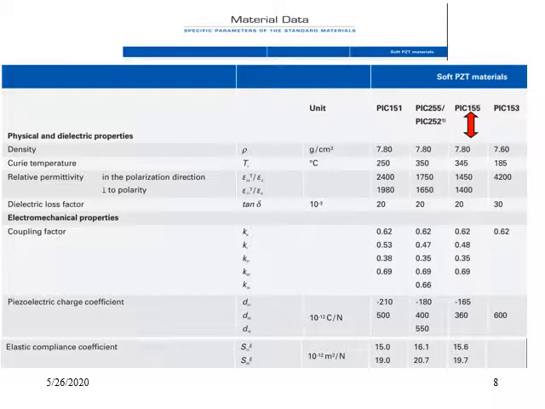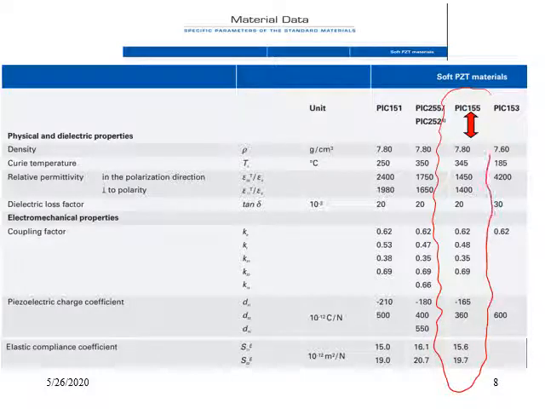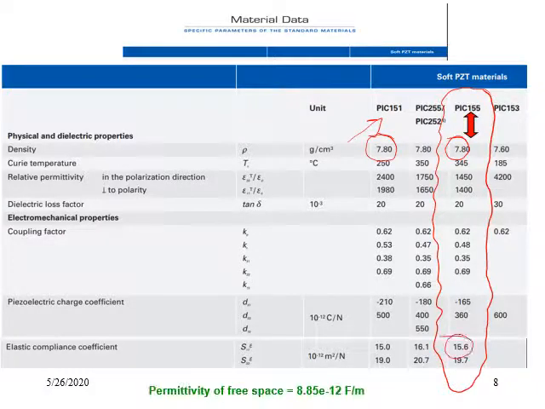This table shows the parameters of different types of piezoelectric patches. In the calculations which we have shown, we have used PIC 155, but you can also use the other type, PIC 151. What we can find is that there are minute differences. For example, in the calculation of the resonance frequency of the piezoelectric patch, the resonance frequency depends on the density, which is the same for both, and on the Young's modulus of elasticity, which is marginally different.